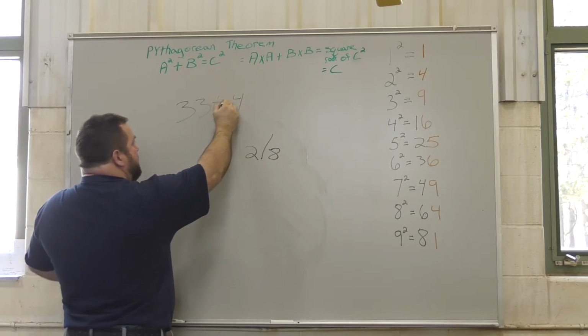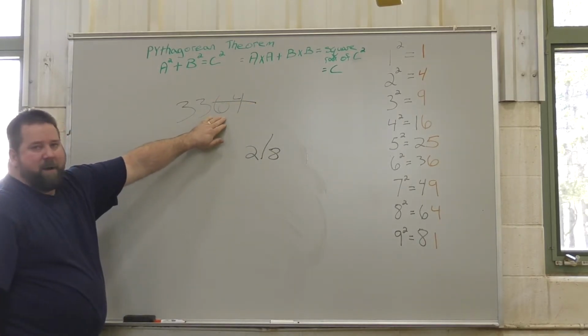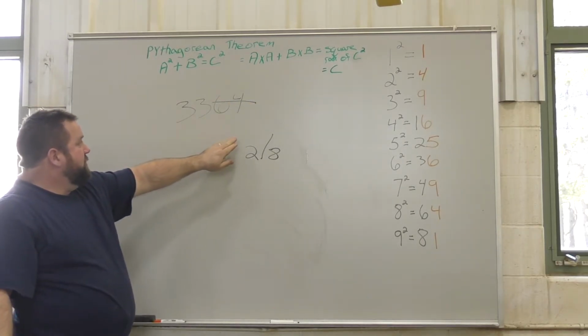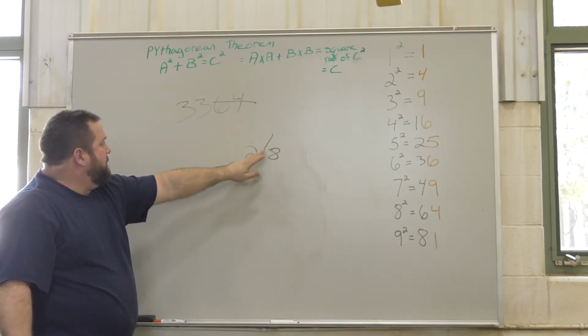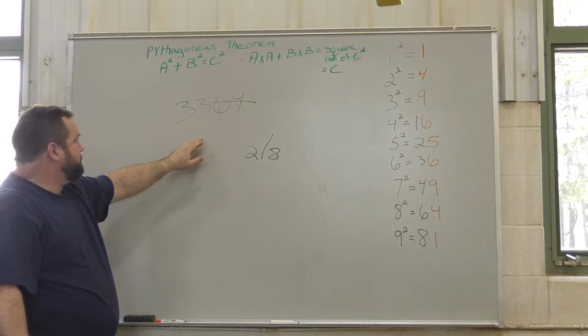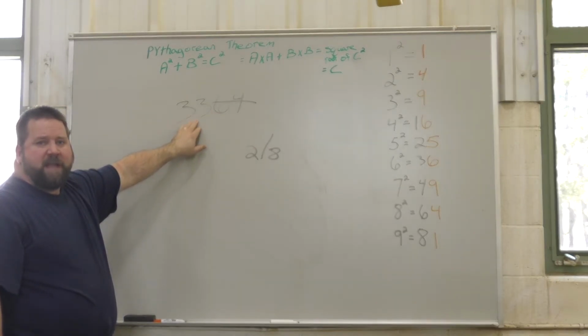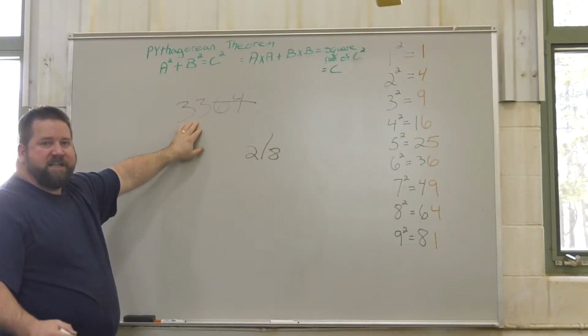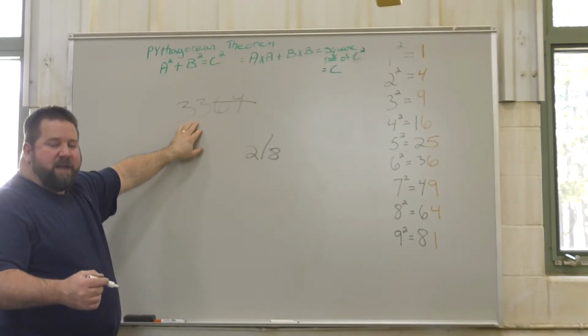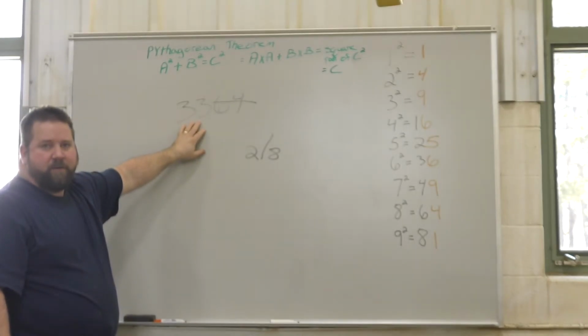Then we cross out these first two numbers. Remember to cross out the first two numbers. So you're only looking at the first number, and then once you find it, you cross out the first two. And then we're looking at just 33. So what squared is either less than or equal to 33?